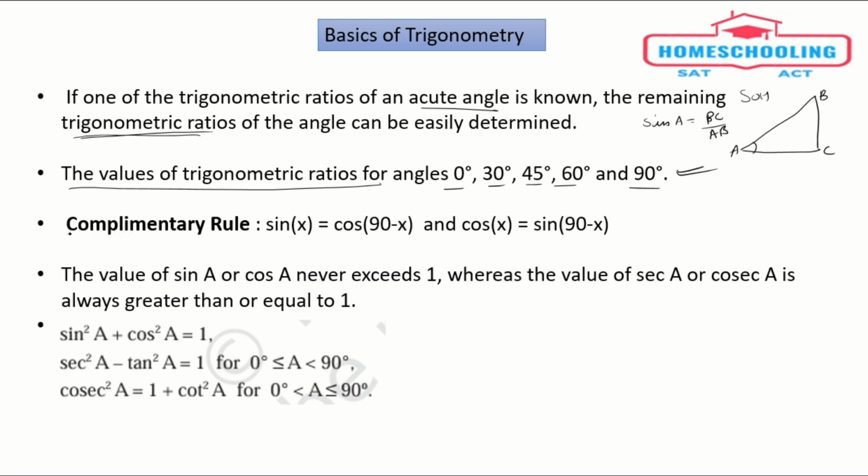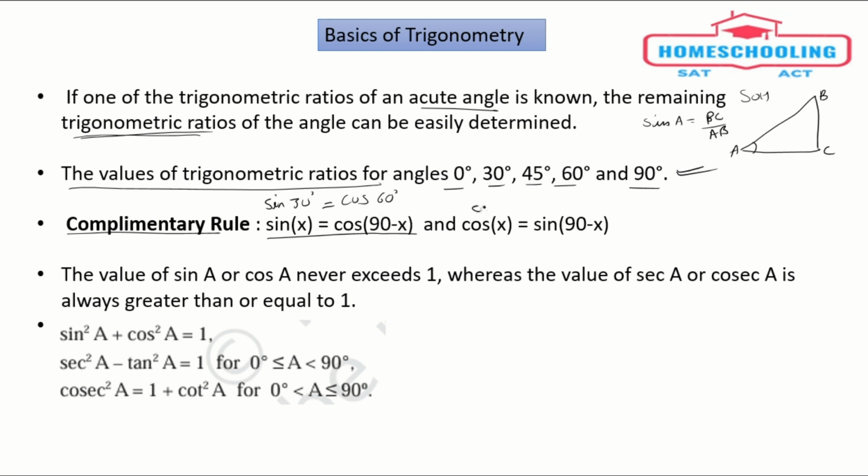Then the complementary rule. Sine x is equal to cos of 90 minus x. So like if we know the sine of 30, then what is the cos? Cos would be 90 minus x, that is 90 minus 30, that would be 60 degree.